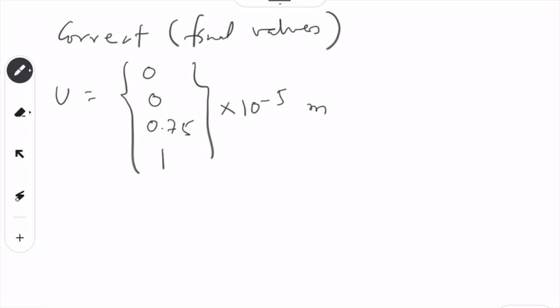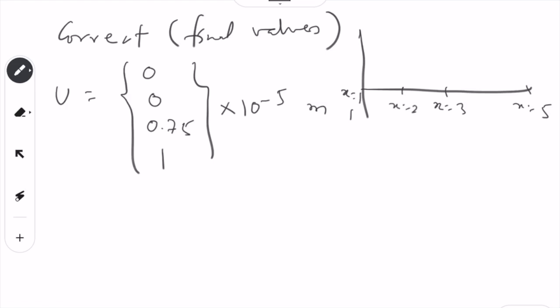Accordingly our stresses, if you draw it, will be like this. So here, this is x equal to 1, x equal to 3, x equal to 5, this is x equal to 2.